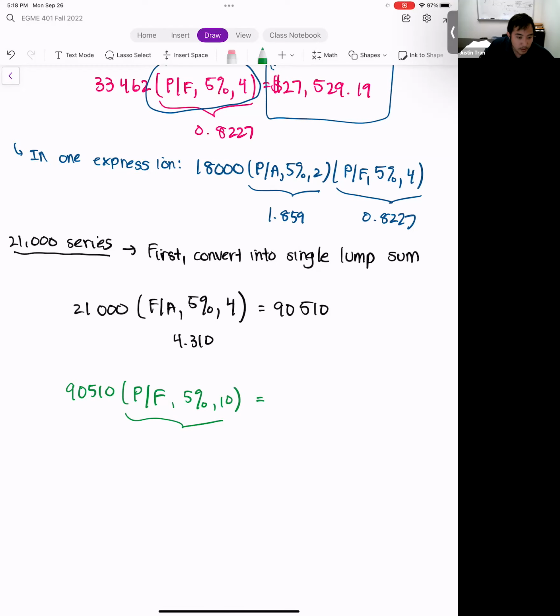And so from the compound interest tables, this is 0.6139. Okay, so let's go ahead and punch that in. So we have 90,510 times 0.6139, and we get 55,564.09.